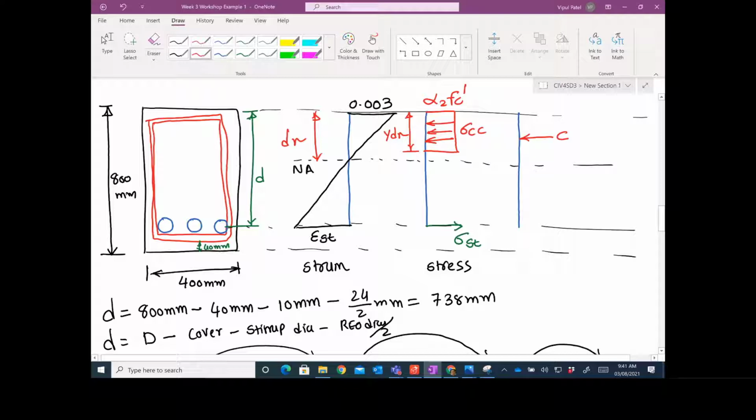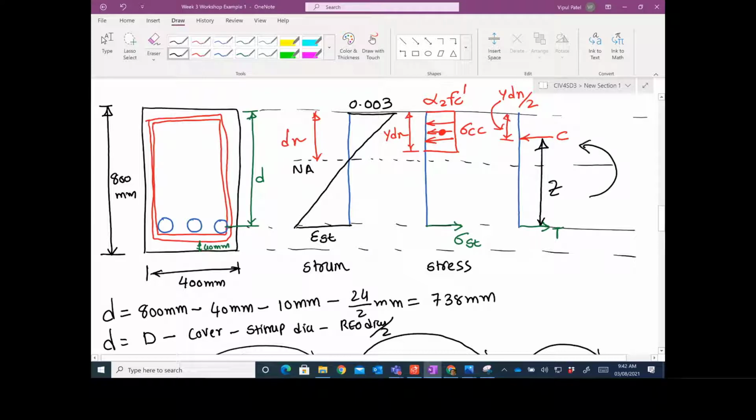Let's say the concrete force acts at gamma dn divided by 2, because it will act at the centroid, and you will have this tension force. The tension force of the steel will act at the center as well, and that will represent your lever arm Z.